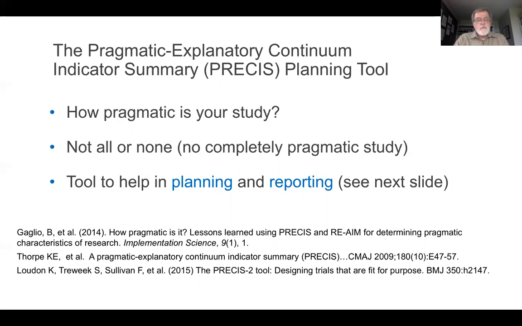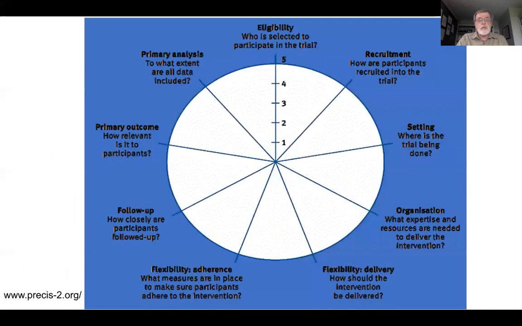So I do want to emphasize that although the PRECIS tool, and in your readings that you have there, probably the Loudon one at the bottom, has focused on use in planning, and that's critically important, this also has been used successfully for reporting results and in grant proposals and reporting in publications too, as illustrated in the Gaglio publication there.